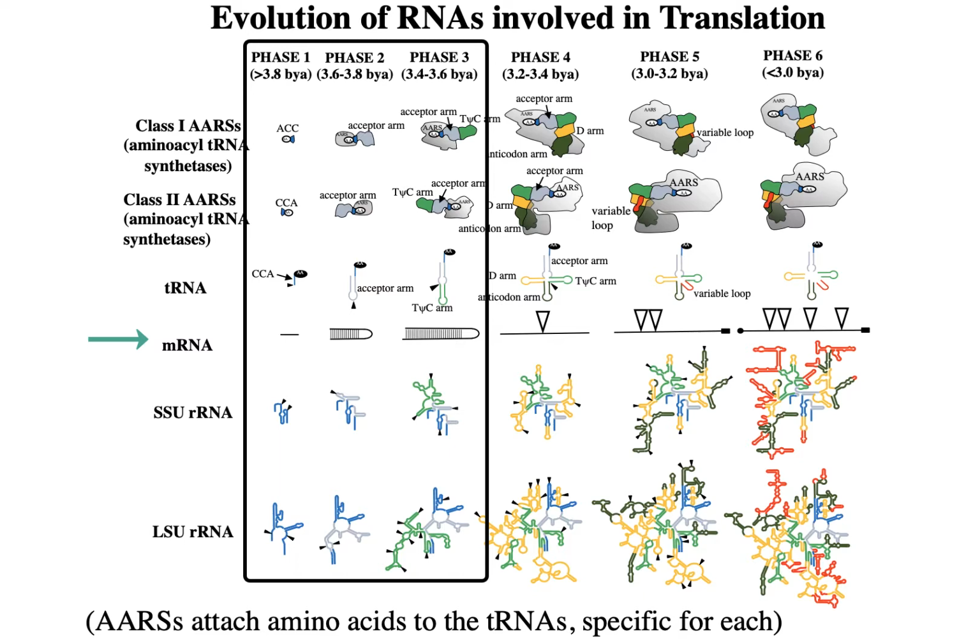The mRNA was probably double-stranded from the beginning because of how the tRNAs are charged, and how you have this very regular pattern of self-complementary codons in the genetic code.